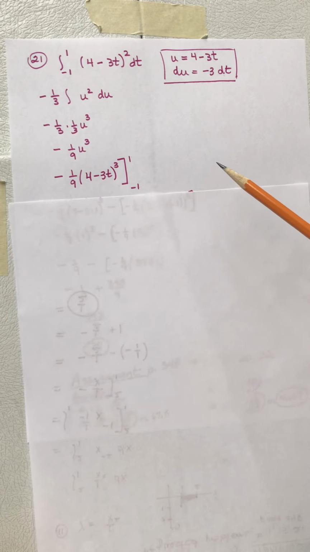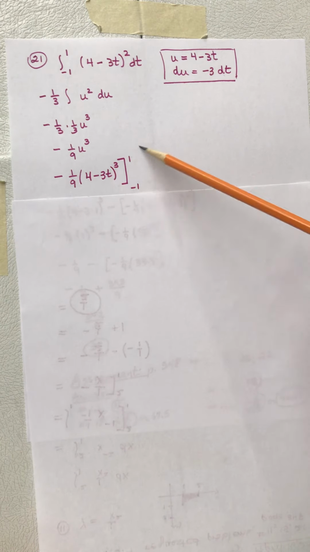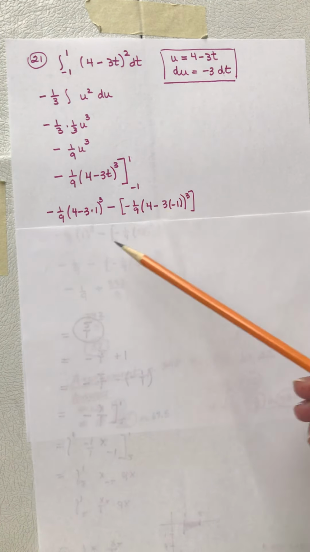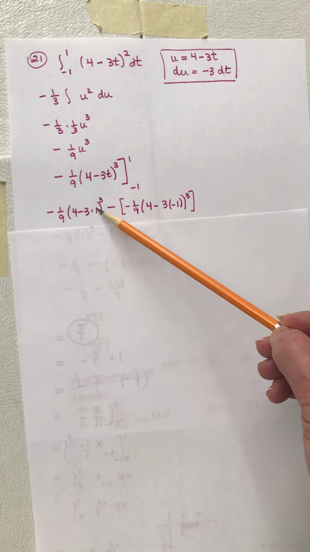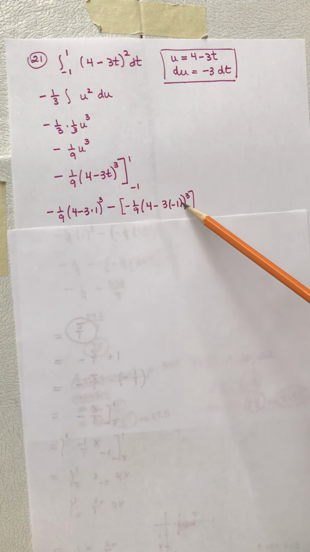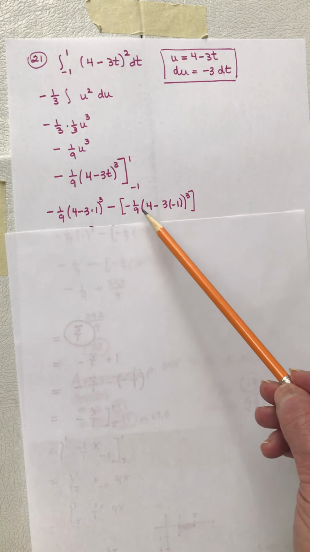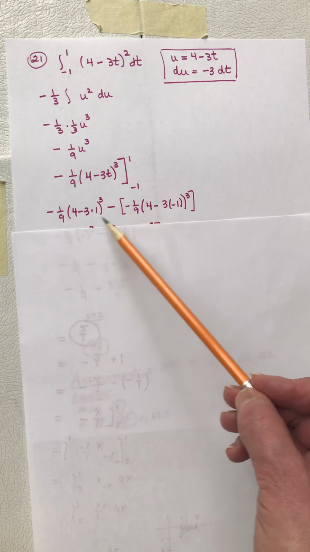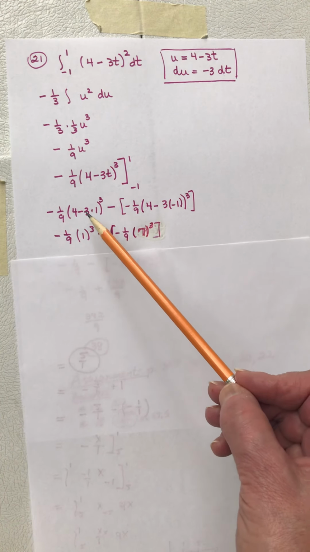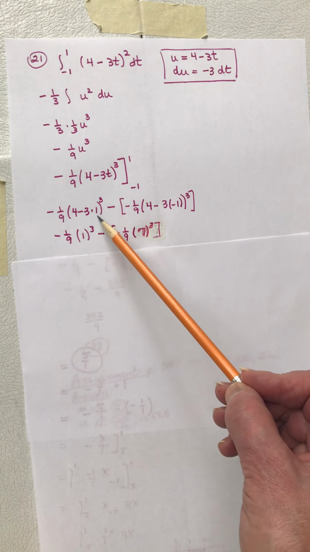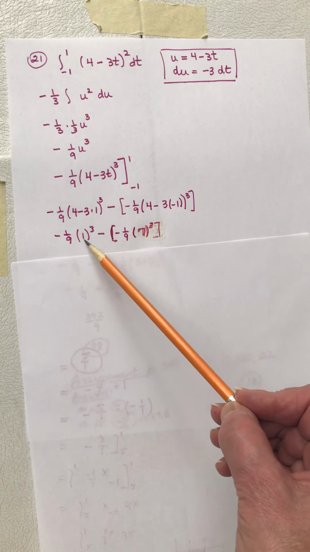But according to the fundamental theorem of calculus, we always plug in the upper limit first. So I'm plugging a 1 in for t here and a negative 1 in for t here. And then I just have to work this out. You can do it on your calculator. You can use PEMDAS, please excuse my dear Aunt Sally, to work this out. You multiply the 3 times 1, and then you subtract it from the 4, you get 1.